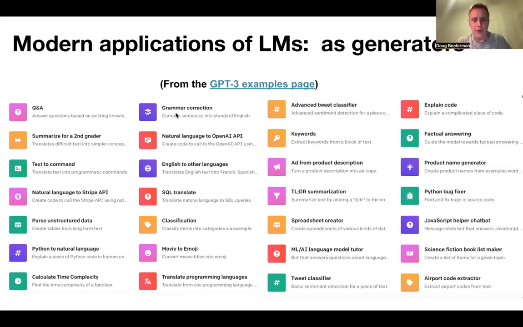You can also use it for correcting the grammar or changing the style of, or otherwise improving some text that you've already written. You could use it for summarizing things for different reading levels, generating commands. So many different things become possible when the model is accurate enough to be used in a generative way.